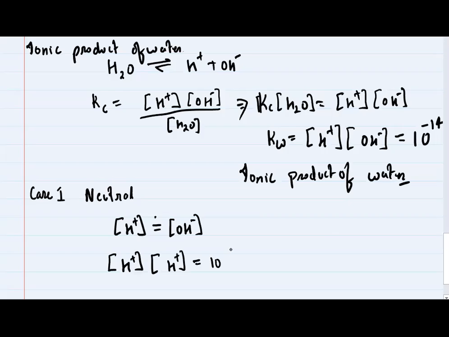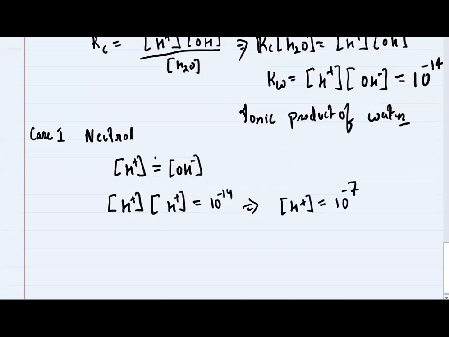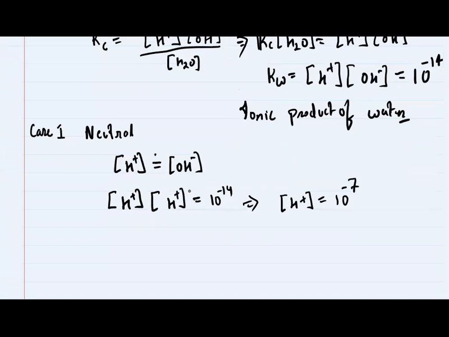This is equal to 10 to the power minus 14, which will give me concentration of H plus as 10 to the power minus 7. Yes or no? So we will get pH is equal to 7. That's why pH of neutral solution or neutral water is 7.